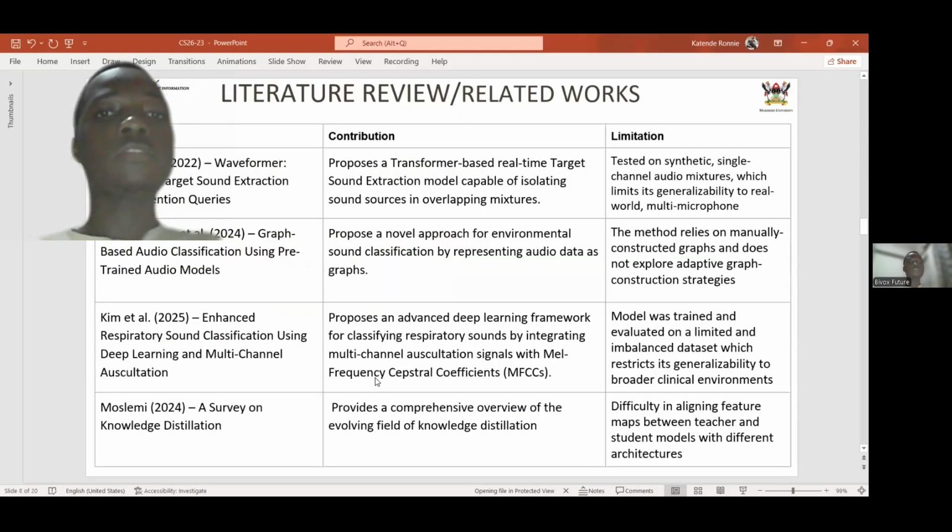So I shall take you straight away to the literature review. We have some papers, like this paper, Waveformer. This one specifically focuses on transformer-based real-time target sound extraction. Is it able to isolate?